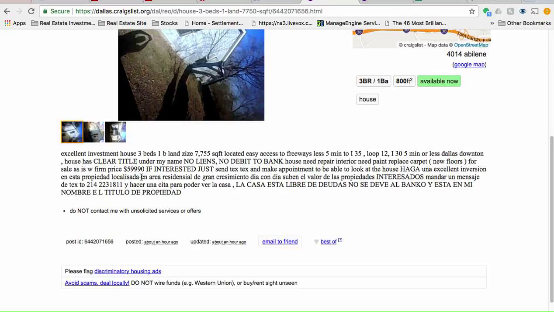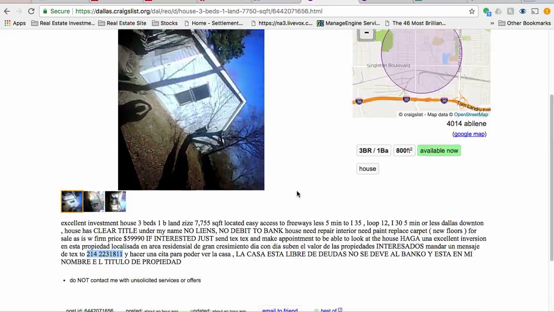This is the selling price, so 60,000. If interested, just text and make an appointment to look at the house. And then he starts repeating what he's saying in Spanish, looks like. So this would be a good person to text and call. All right, there's his number right there.